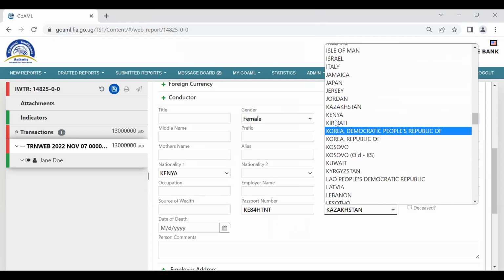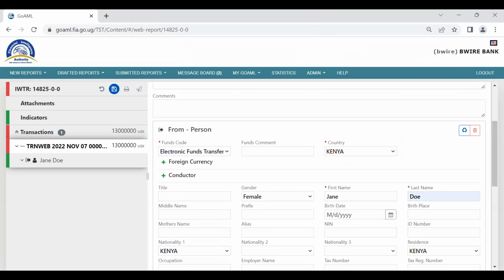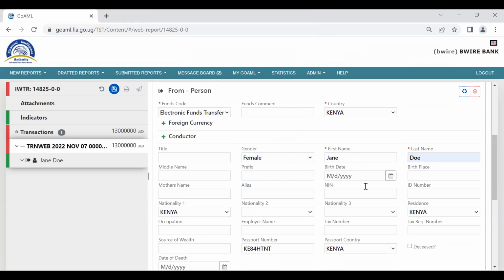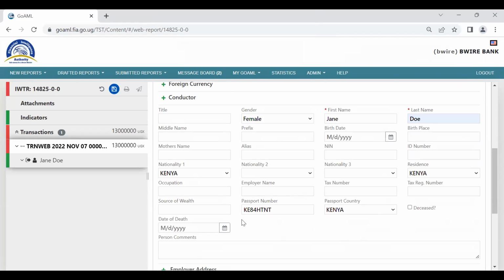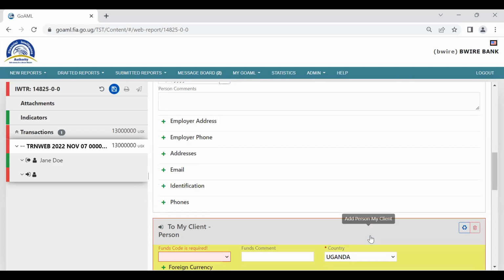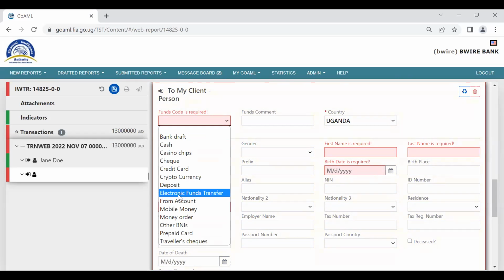Basically, that's all I have, because the sender is from Kenya, so I have very limited information. But the person picking the money, I'm going to call them my client, because I'm going to get their ID and ask a few questions, so I have more information about this person.